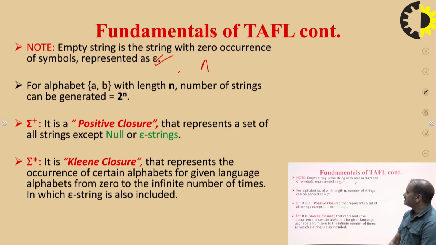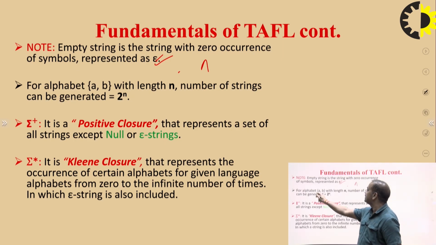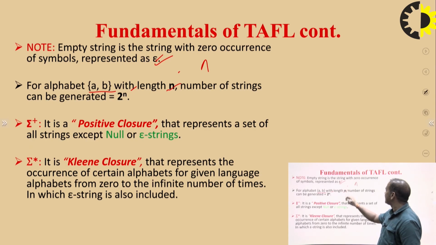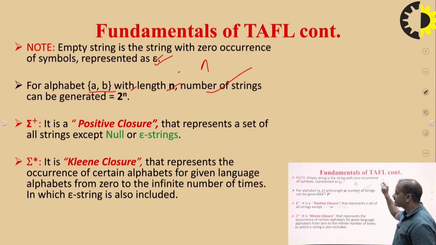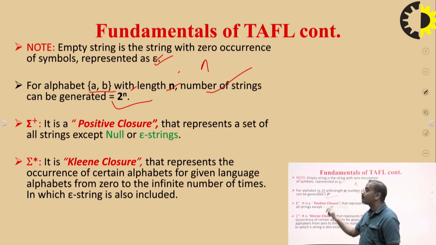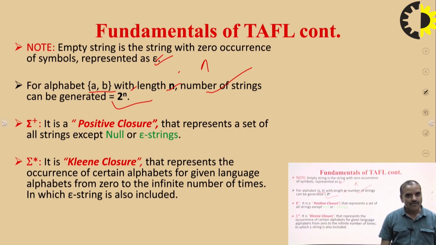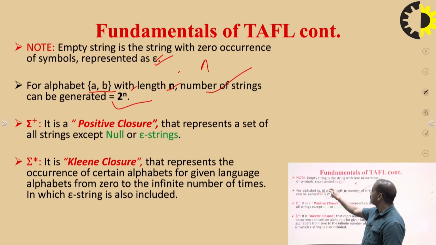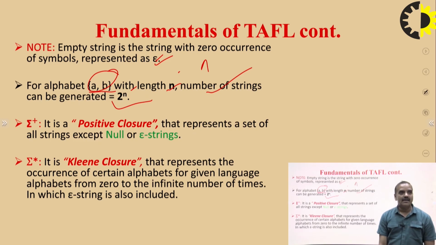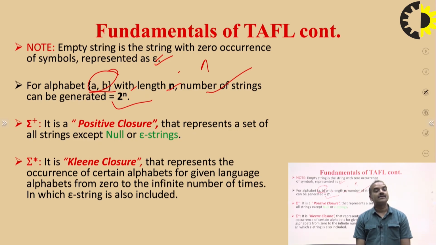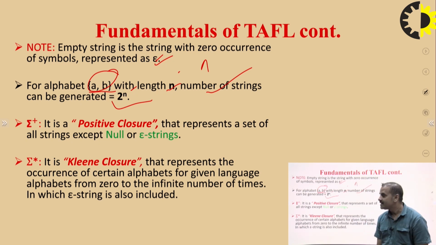The next point is, for alphabet A comma B, with length n, the number of strings that can be generated is 2 power n. If we have two symbols A and B, and we want to find the number of strings that can be generated, that is 2 power n.